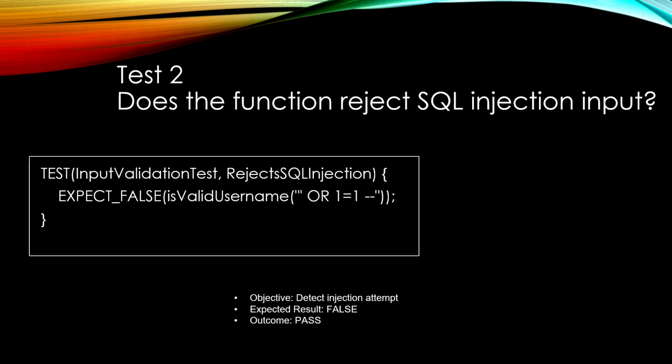The expectation here is that the function returns false and rejects the input. Since the test passed, it confirms that the validation logic blocks this injection attempt before it ever reaches the database layer. This directly supports the high priority risk identified earlier in the threat matrix.